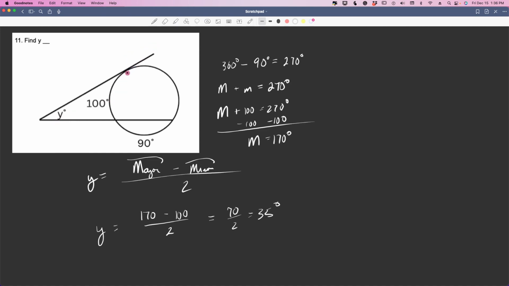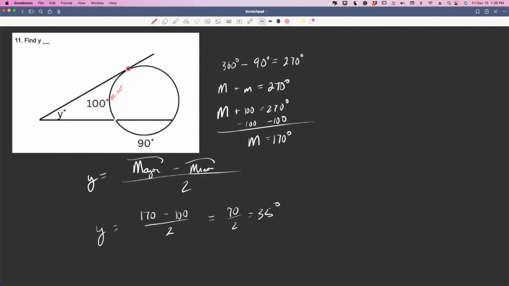Okay, when you have two chords, even if one of those chords is tangent, that point where they touch to right over here where it crosses again, that is this minor arc, right? This is the minor.